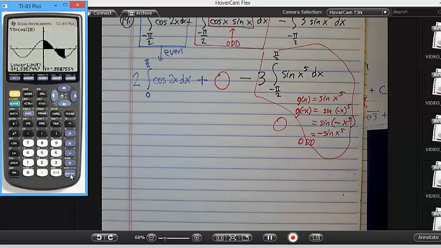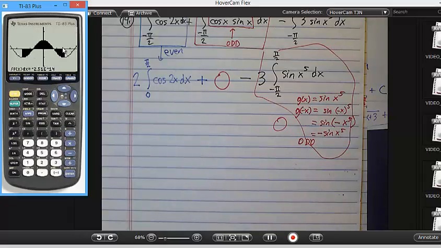What if I went from lower limit negative pi over 2 up to pi over 2? Would I still get 0? Should, right? Because now you still have just as much below as you do above. You see that?